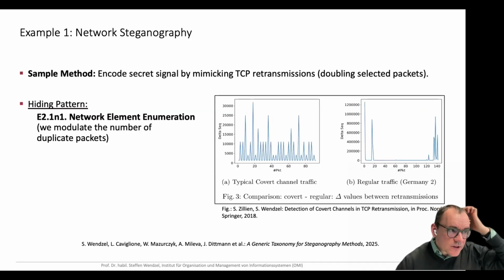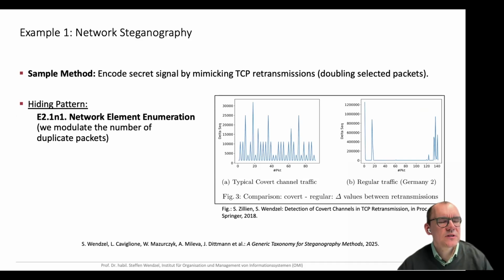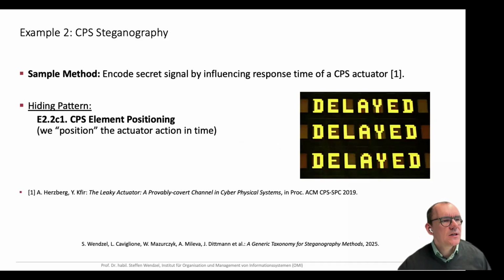In network steganography, one method is to use TCP retransmissions. That means we send duplicates for packets, but artificially. That would be network element enumeration because we enumerate the specific network packet. It occurs twice instead of just once. In CPS steganography, we would encode a secret signal by influencing the response of a CPS actuator.